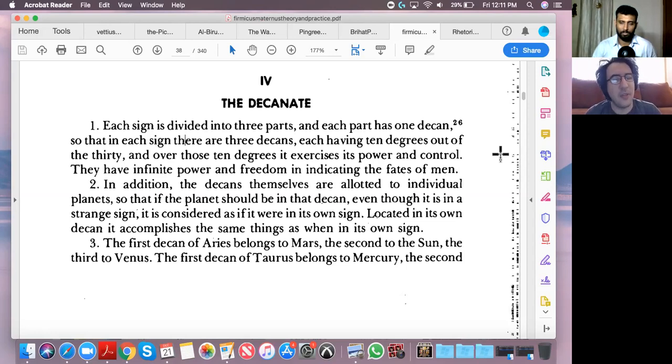So I think we don't fully know the origin of the decans, and there are lots of interesting things out there about them, but they are a great tool.